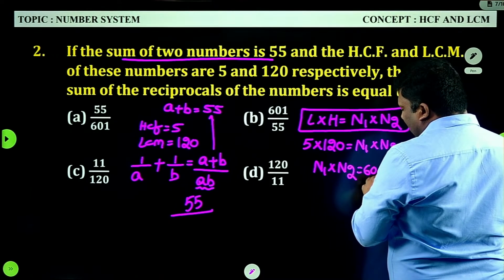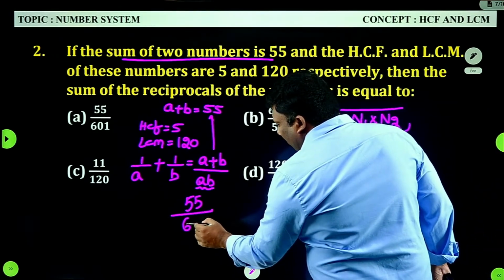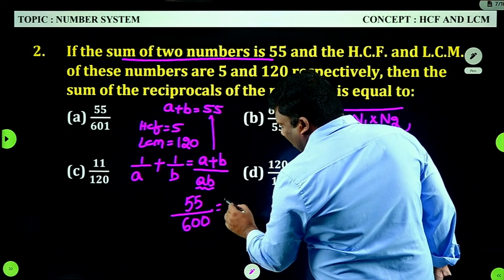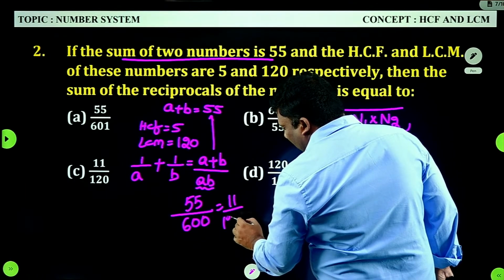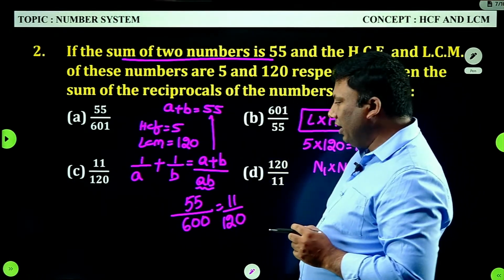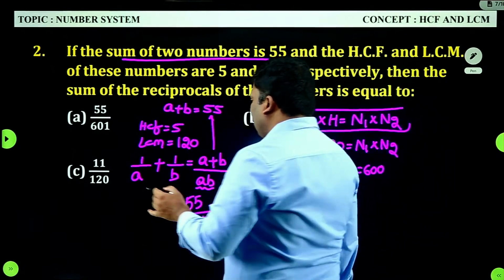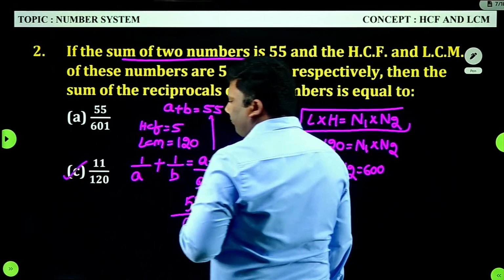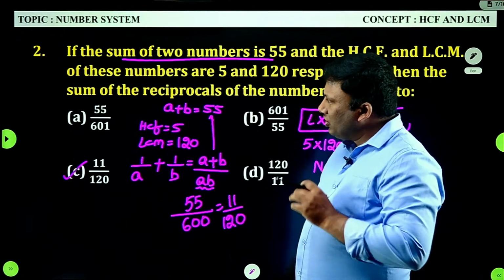So the answer for this question is 55 by 600. 5 is common, so 11 by 120. Option number C. Simple question.